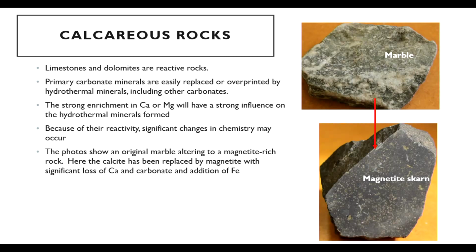So you might get things like garnet, if you can add some aluminium, epidote, a calcium aluminosilicate, diopside, a calcium iron magnesium pyroxene, or even sometimes fayalitic olivine, so iron-rich olivine, in some skarn deposits.